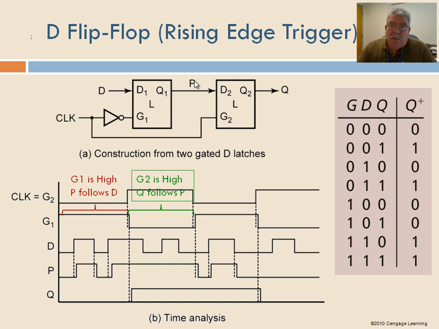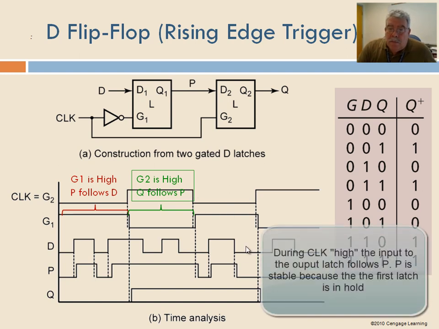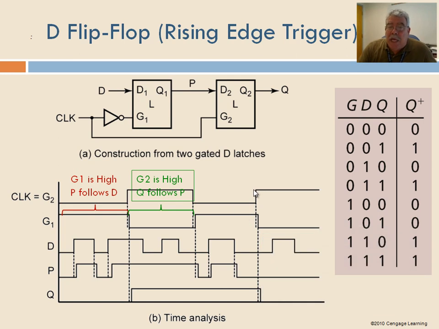But P is supposed to be stable, and this is what keeps P at the point where the clock goes from high to low. The input and P change. However, Q, the output, will stay until the next rising edge of the clock. So this flip-flop as a whole changes only during the rising edge of the clock.